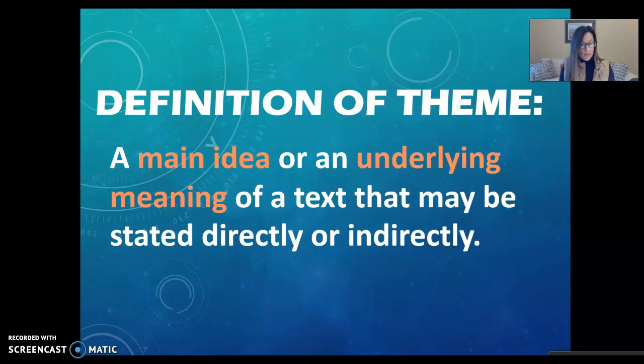And we know that that would be implicit, right? And that's when the author doesn't come out and tell us what the theme is. We kind of have to figure that out on our own, okay? So make sure you write this entire definition in to that box, that first top left box, okay?